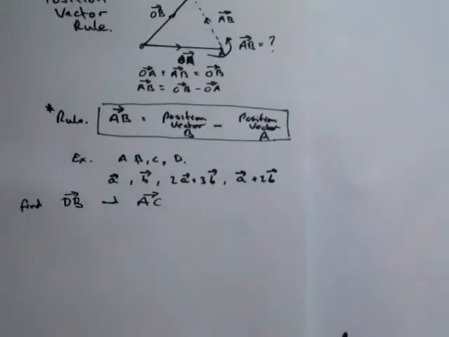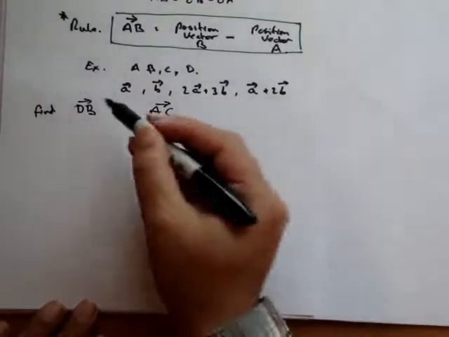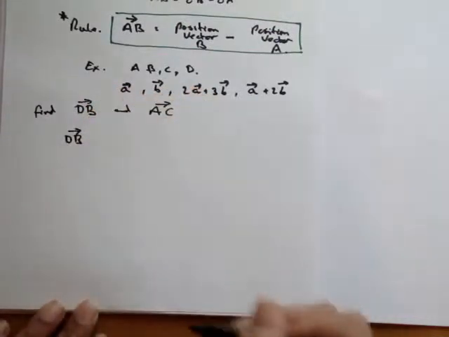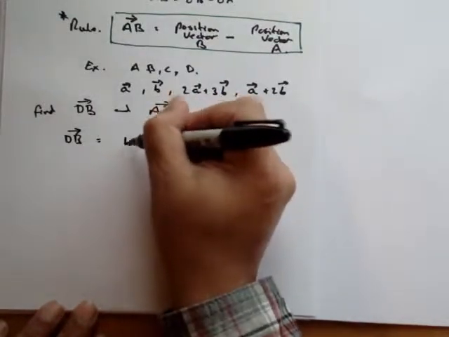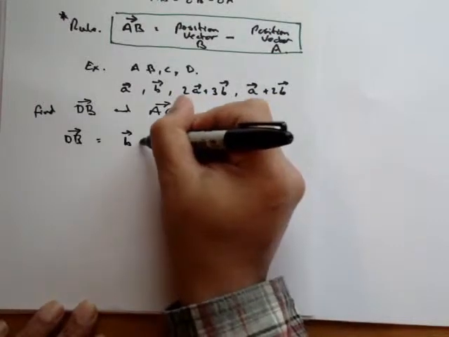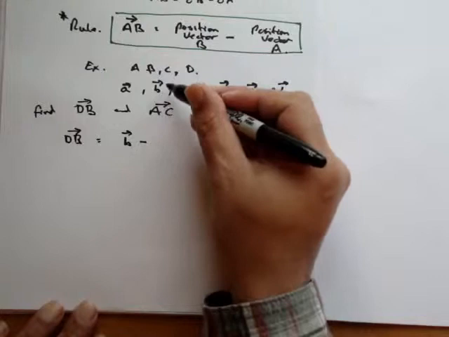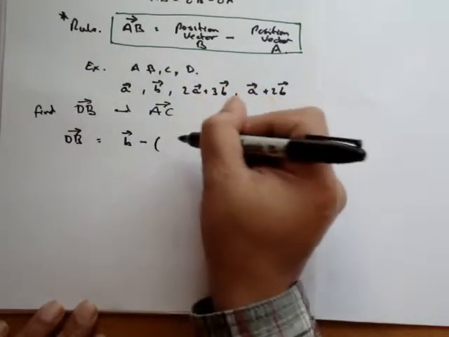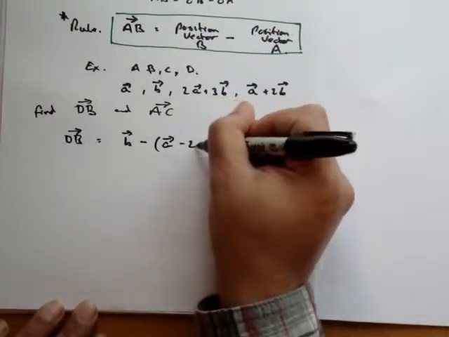So we use our rule, and our rule says we get the position vector for DB, get the position vector for B, which is B, and we subtract our position vector for D. So it's A, C, D, D is A plus 2B, so it's minus A minus 2B.